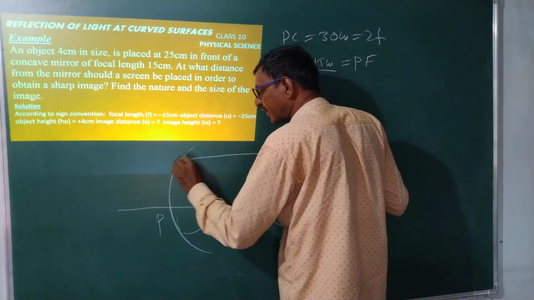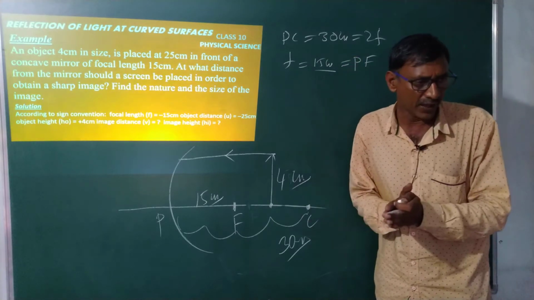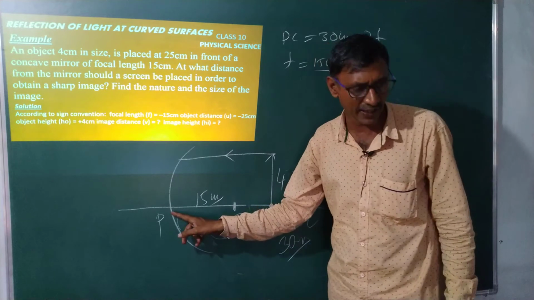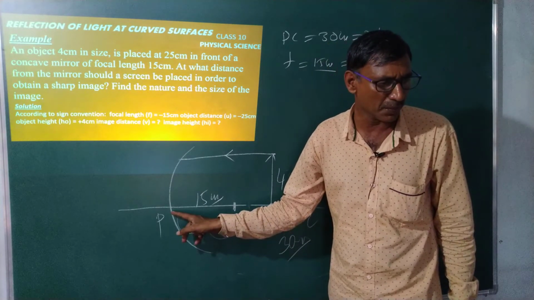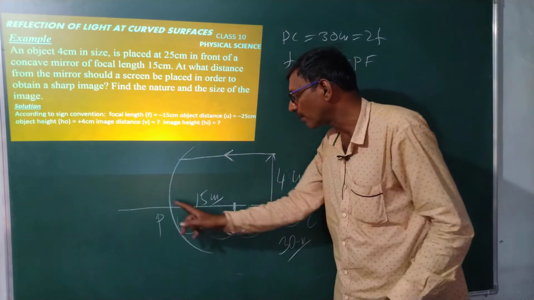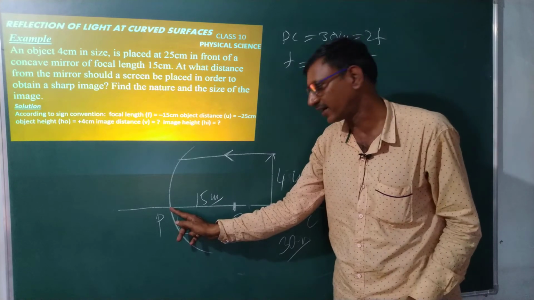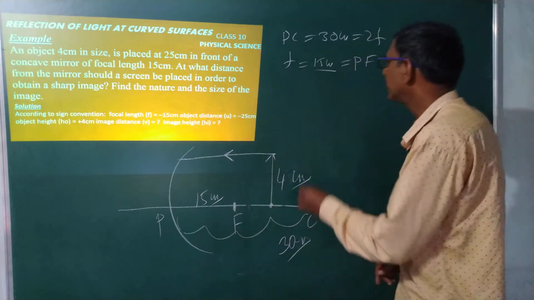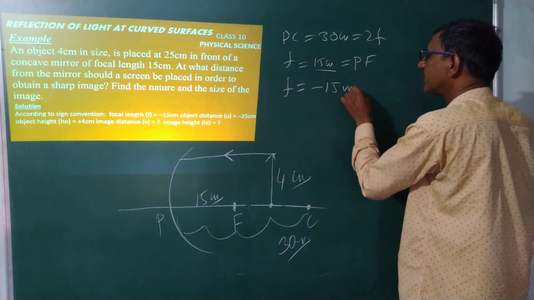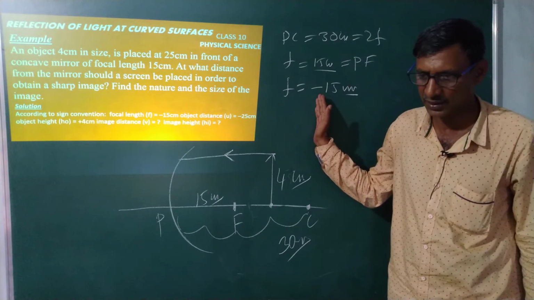This is my incident ray, it is going in this direction. Everything should be measured from the pole. We already studied yesterday, all distances should be measured from the pole. My incident ray is in this direction, but I am measuring opposite to the incident ray. So F is always minus 15 centimeters. This is sign conventions we already studied yesterday.